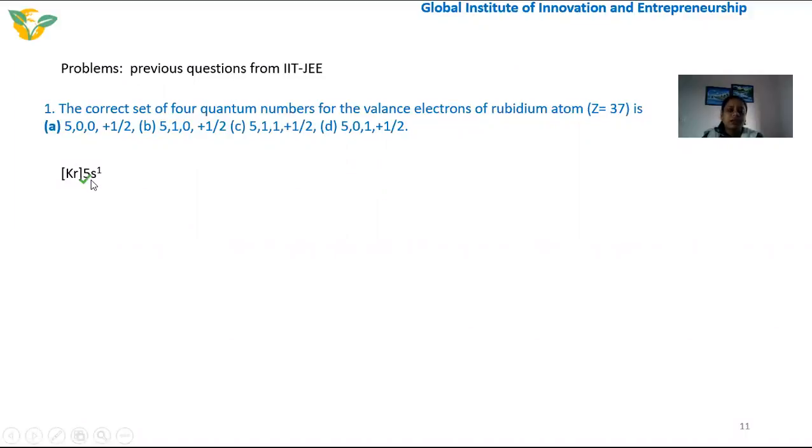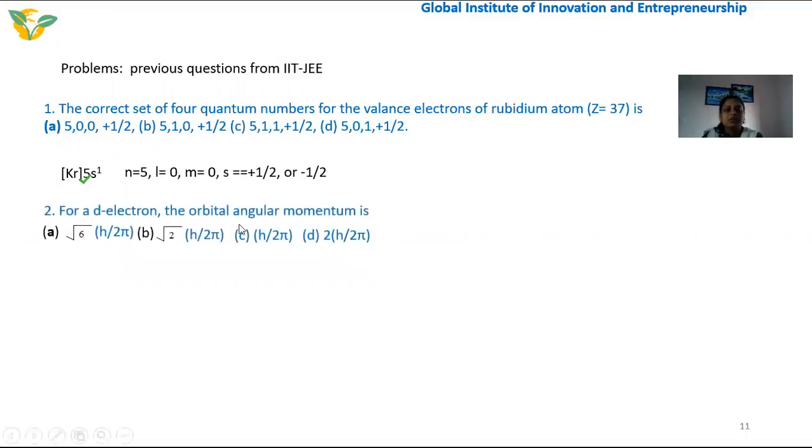So for the 5s orbital, the principal quantum number is n equal to 5. For an s orbital, the azimuthal quantum number L equals 0. The corresponding magnetic quantum number is 0, and the possible spin values are plus half or minus half.